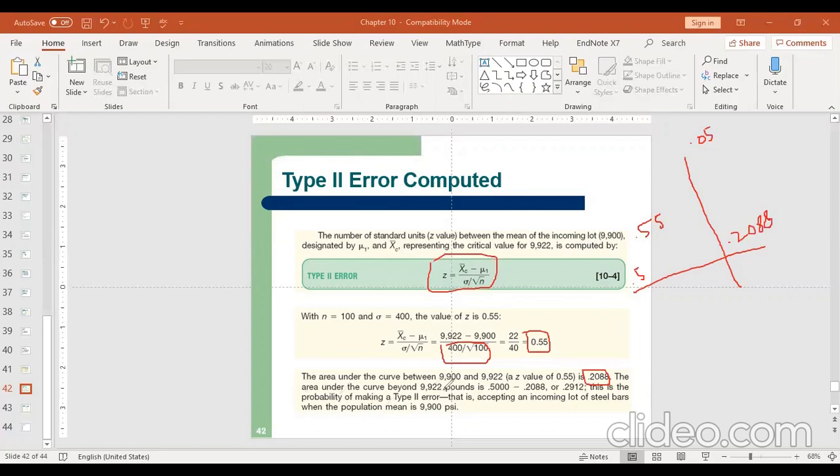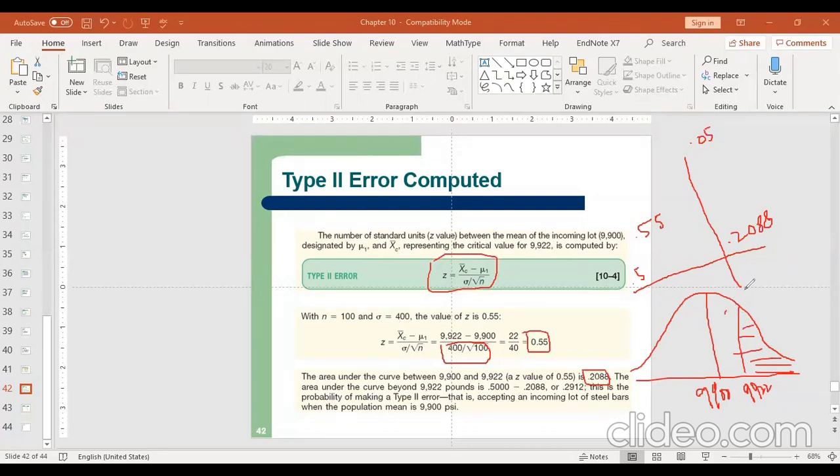So the area under the curve beyond 9,922 is 0.5 minus 0.2088. So we need to find out the area. What will be the shaded area? If I draw the normal curve here, mu is 9,900 and x bar is 9,922, and after that there will be a rejection region.